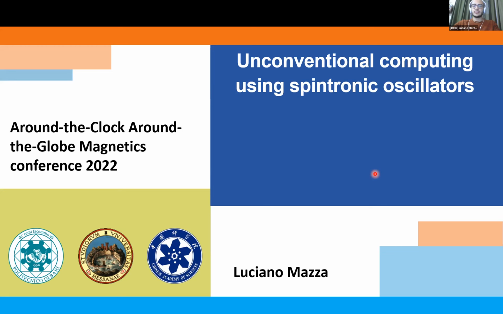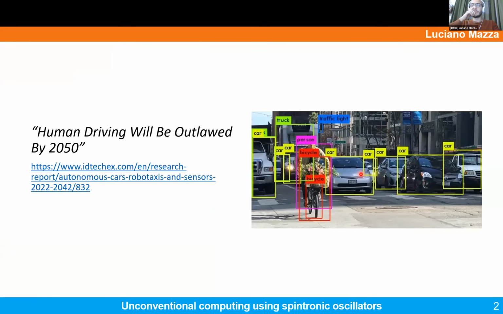I want to start this talk with a brief introduction about how artificial intelligence is getting through our lives. In particular, the theme I want to start with is the self-driving cars that now are getting more and more popular, and the forecast is that they will be the normality in more or less 30 years.